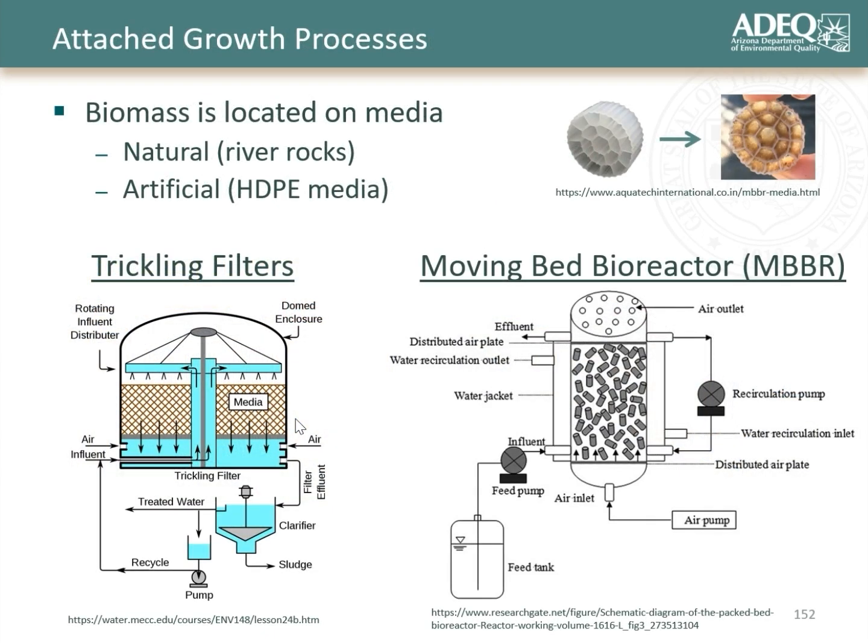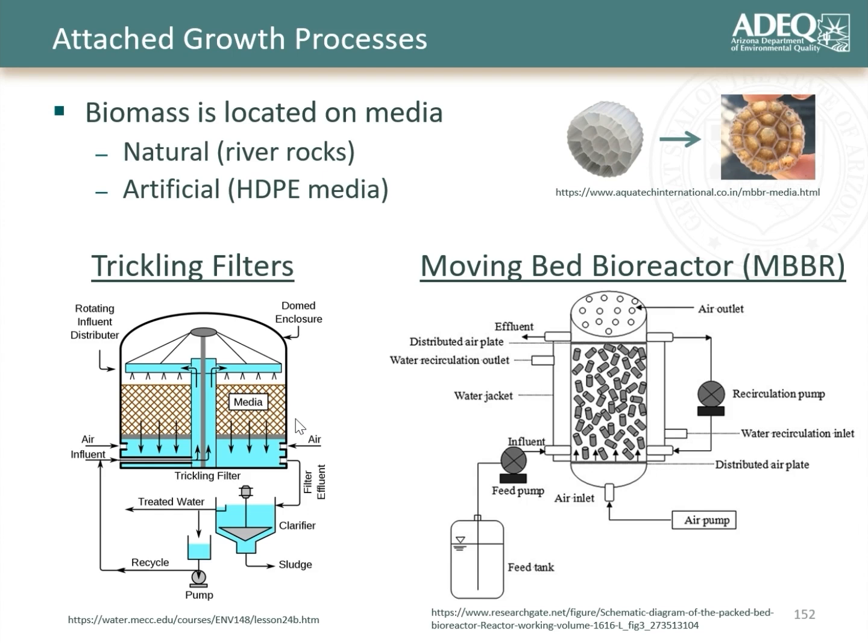On a slightly different treatment pathway, there are attached growth processes. These are processes such as trickling filters or moving bed bioreactors, in which the bacteria grow on a media such as rock, river rock in the case of trickling filters, or artificial media like HDPE, which can be used both in trickling filters and in what we call moving bed biofilm reactors.